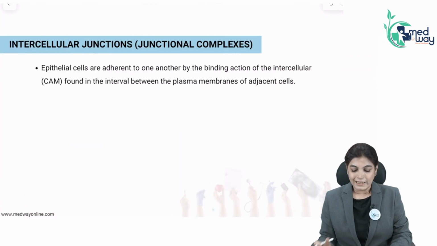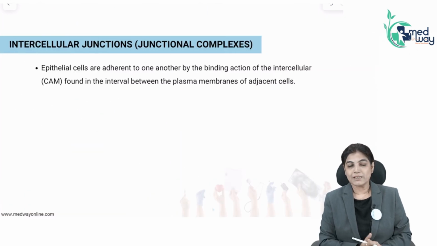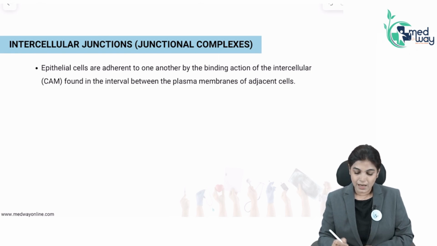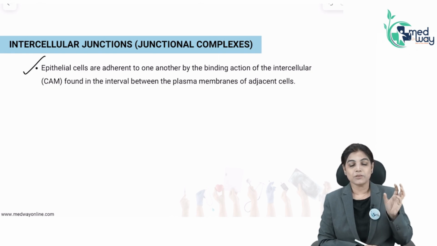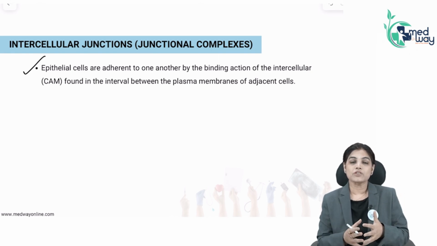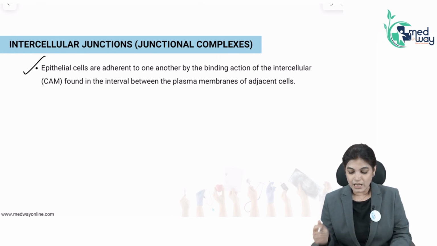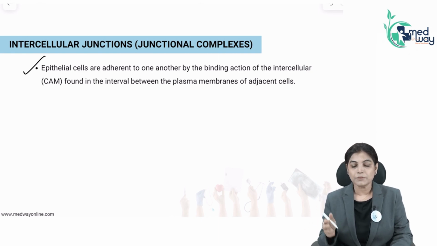Now let us talk about the intercellular or junctional complex. The individual epithelial cells have interconnections called junctional complexes. Epithelial cells are adherent to each other by cell adhesion molecules. So that connection to each other is called cell adhesion molecules, and we have to understand the connections.